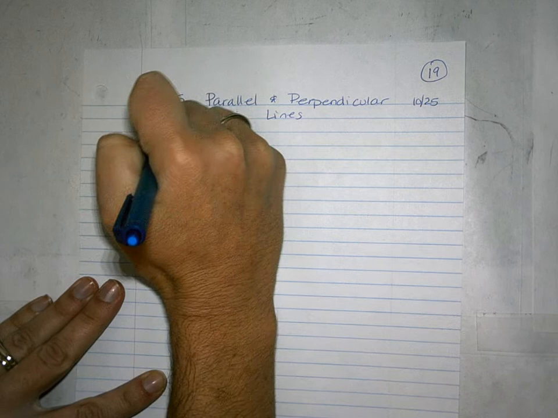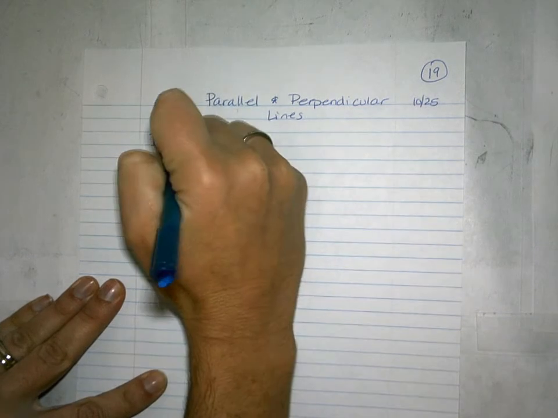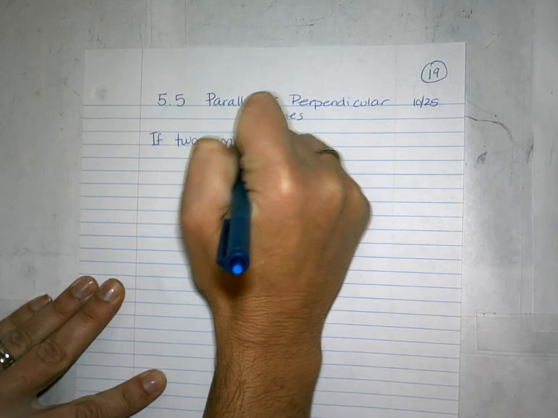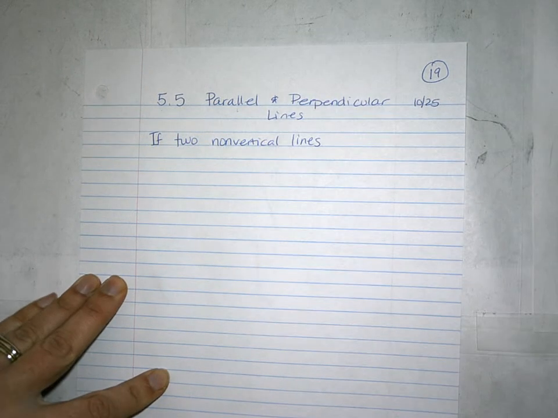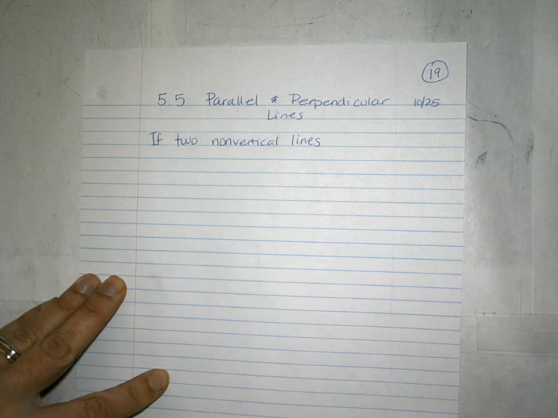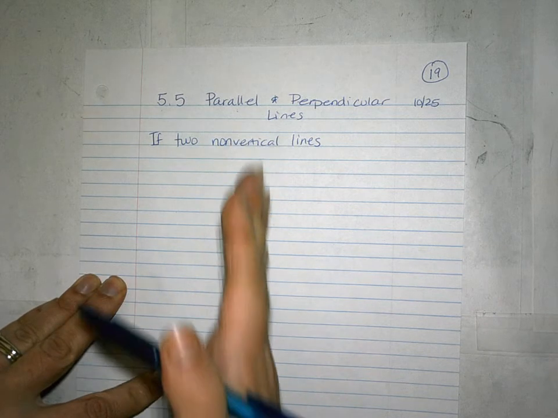So what I want you to write in your notes is this: if 2 non-vertical lines. What does non-vertical mean? It means not straight up and down, right? Vertical means straight up and down.